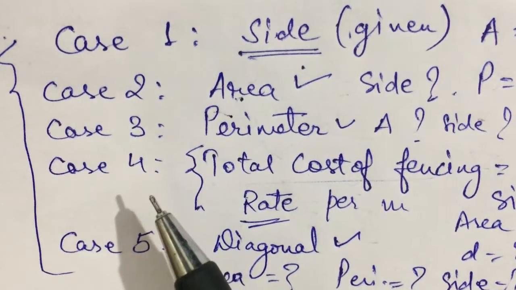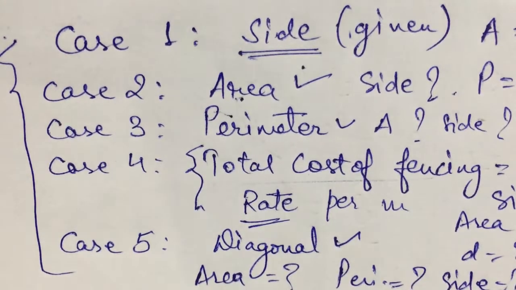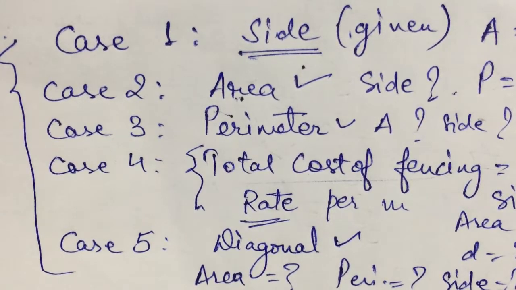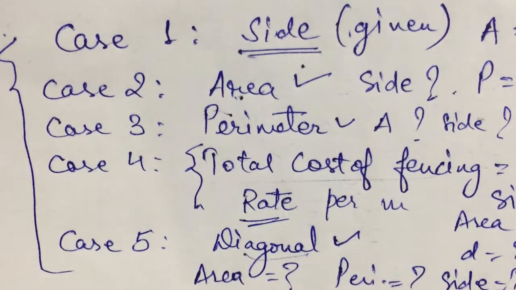Furthermore, they may give you the total cost of fencing or the total cost of putting grass on the ground, with the per meter square cost, and ask how much is the side or perimeter. In the last case, they may give you the diagonal and you have to calculate the corresponding values.